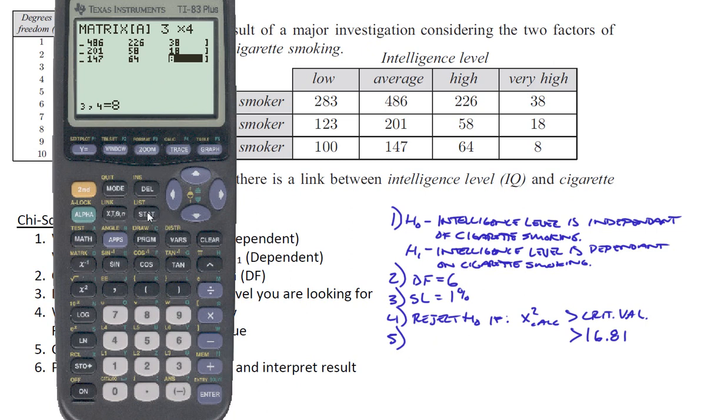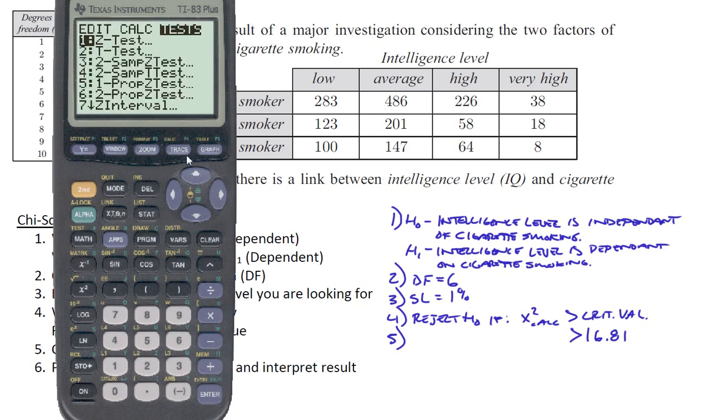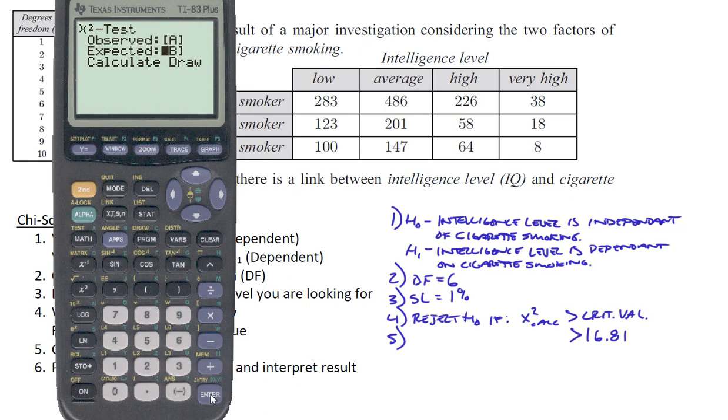Let's calculate it. Stat, chi-squared test. Go down to chi-squared test, enter, enter, enter, and enter. And our chi-squared value is 12.598, so let's go with 12.60. And just as a side note, it'll always give you the degrees of freedom as well in there, which we had already figured out.